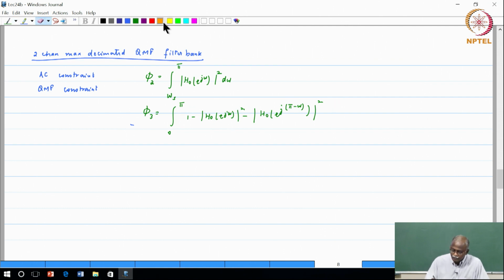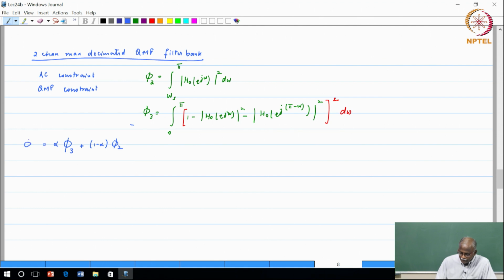So there is an outer square times d omega, and the overall objective function is alpha times phi 3 plus 1 minus alpha times phi 2.